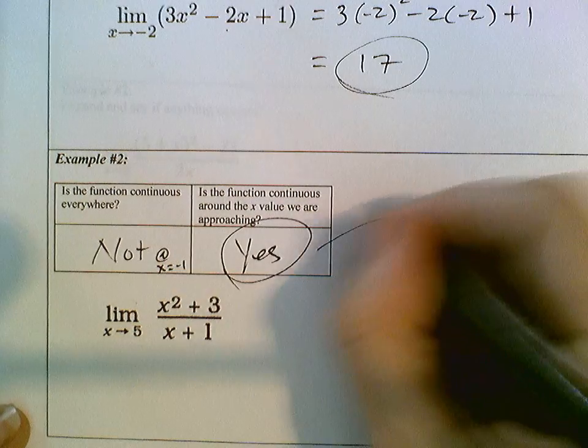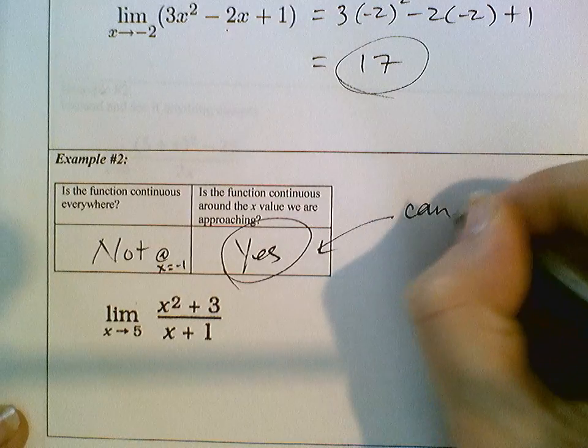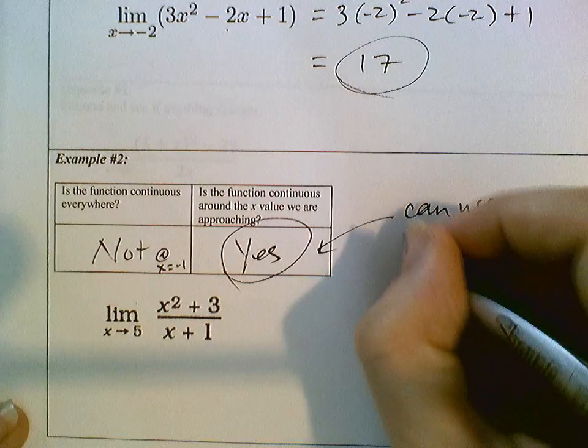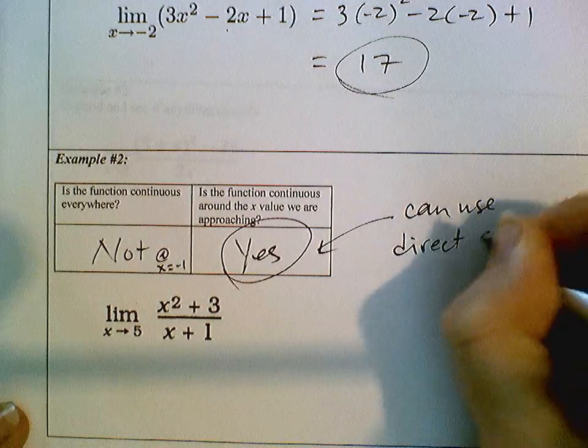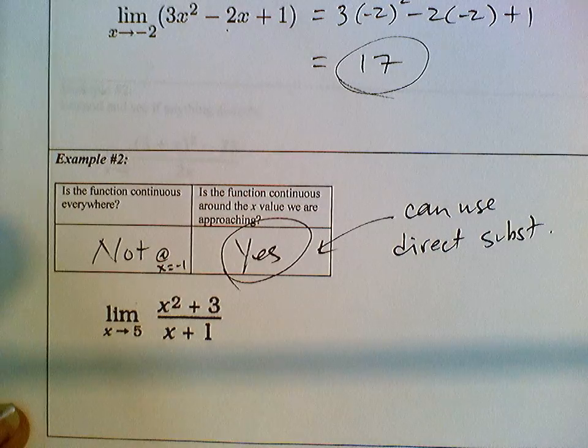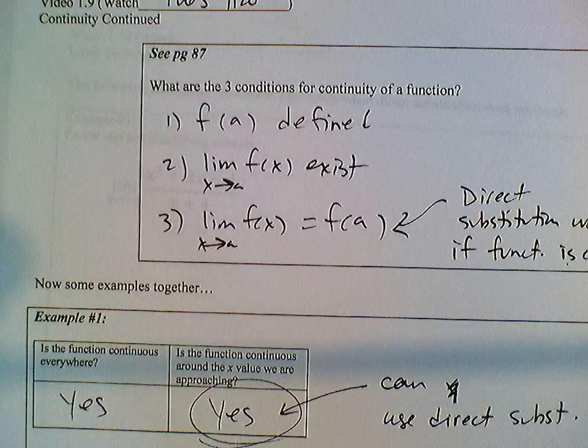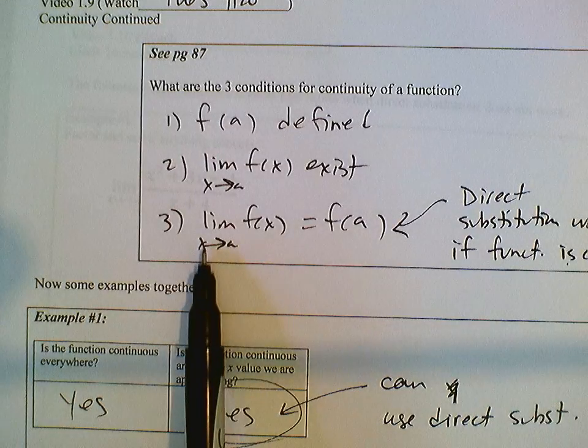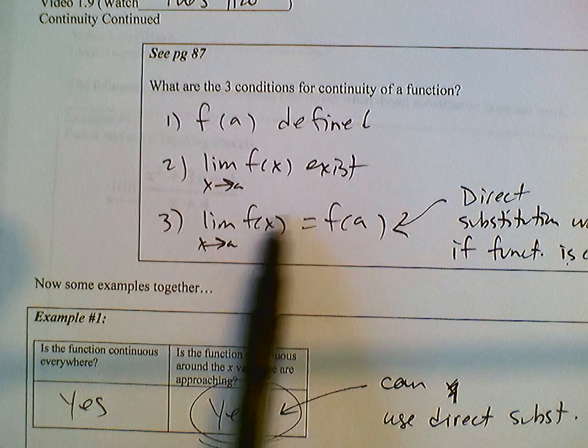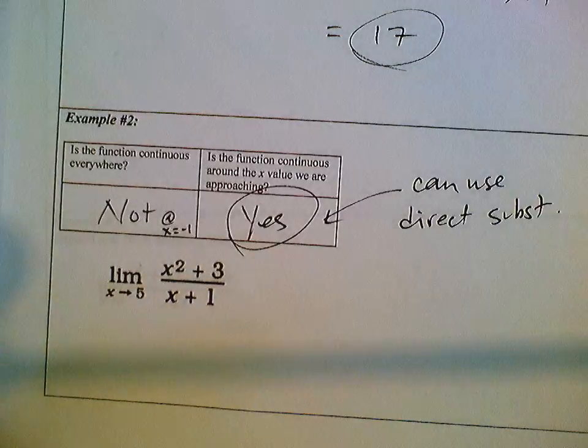Because this is yes, we can use direct substitution. All right? So since this function is continuous at the x value we are approaching, we can use this third fact about continuity.